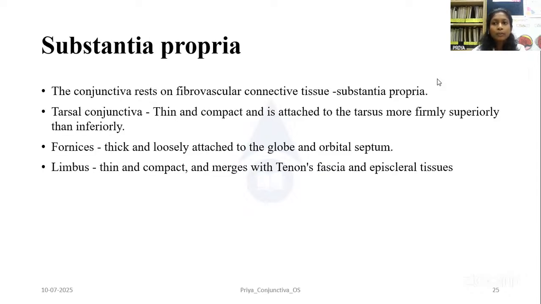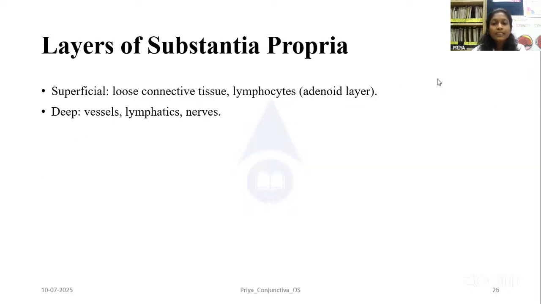Substantia propria. This connective tissue layer lies beneath the conjunctival epithelium. It is divided into the superficial adenoid lymphoid layer and the deeper fibrous layer.